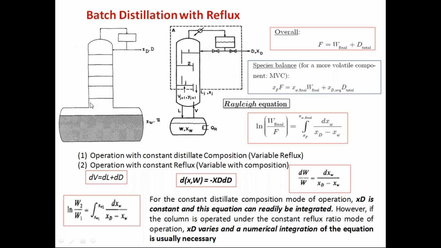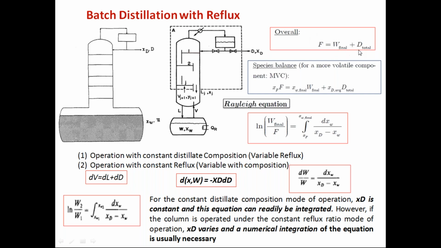Let us say initially you don't have the column, trays or stages over it. Then the overall balance after completion of the operation, maybe 8 hours or 4 hours, whatever time you give, is that this much feed is charged, and finally you get this much waste and this much distillate.